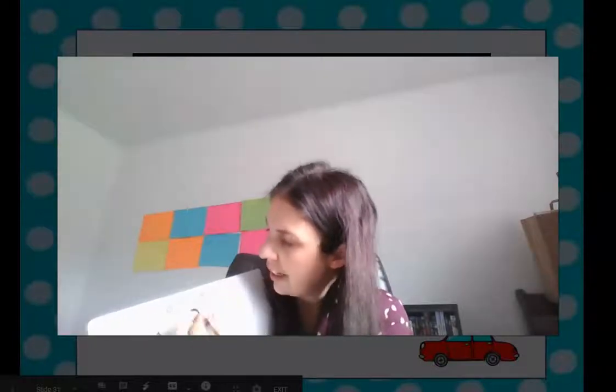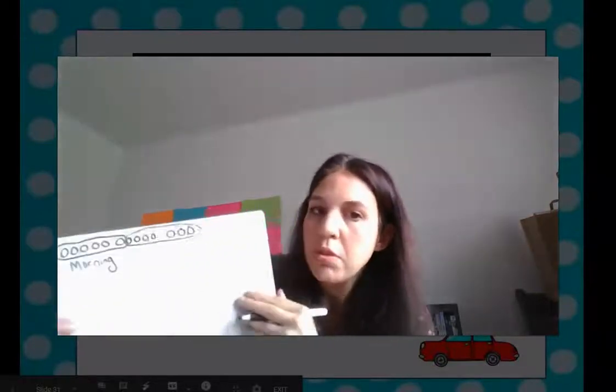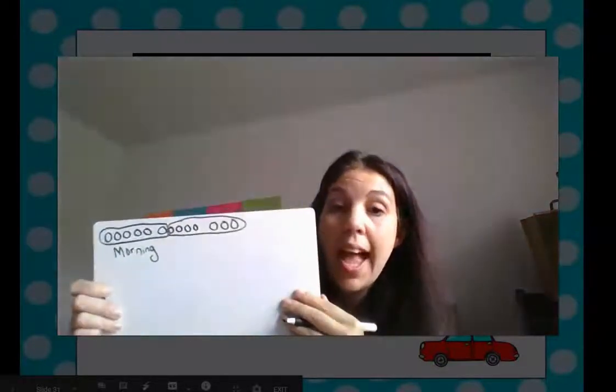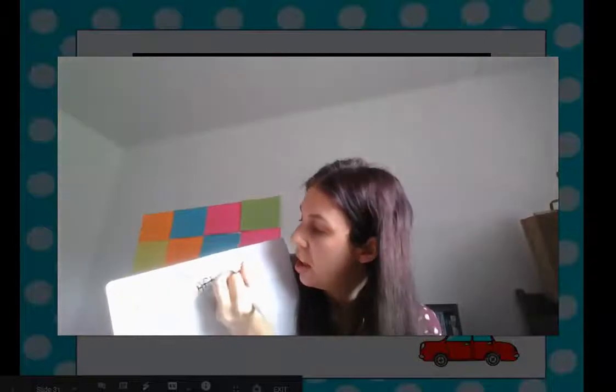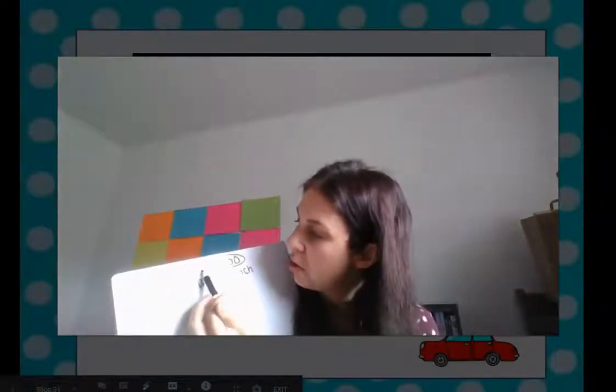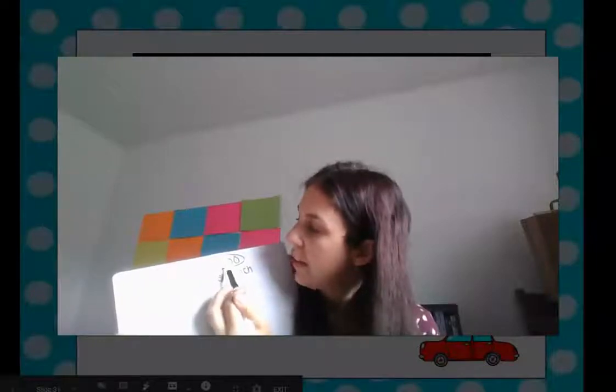And the rest came, when did they come? Do you remember? After lunch. So I'm going to say after lunch. Okay? And there's 1, 2, 3, 4, 5, 6, 7. So there's 7 here. And there's 1, 2, 3, 4, 5, 6 here.